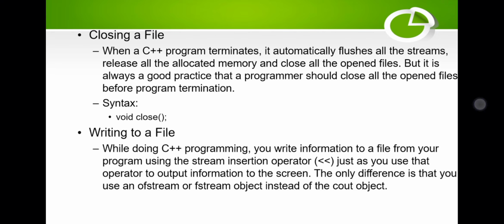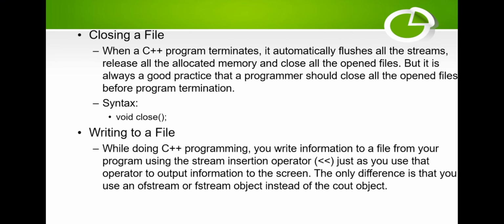The third operation performed on a file is writing data to the file. While doing C++ programming, you write information to a file from your program using the stream insertion operator, just as you use that operator to output information to the screen. The only difference is that you use an ofstream or fstream object instead of the cout object. In earlier programs, to print data on the output screen we used the cout object.